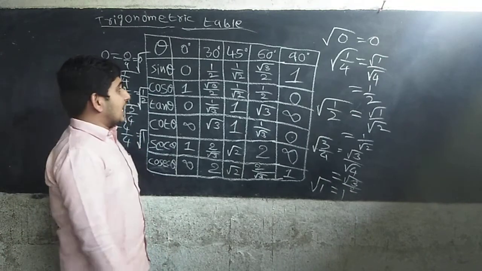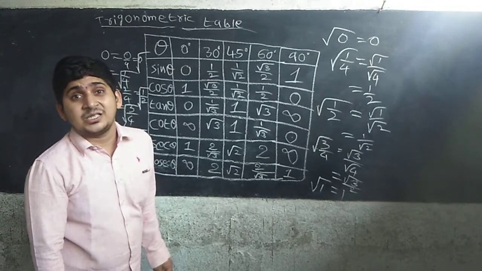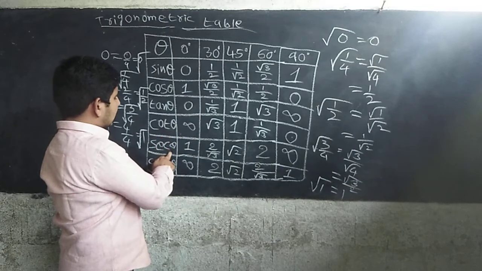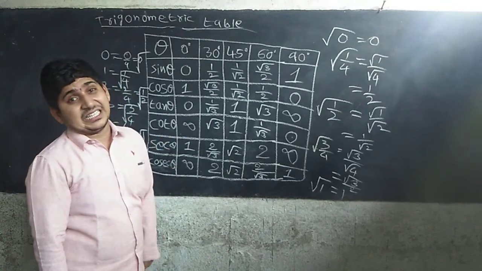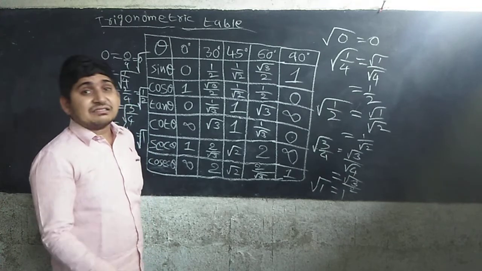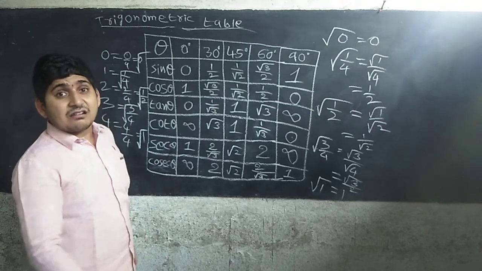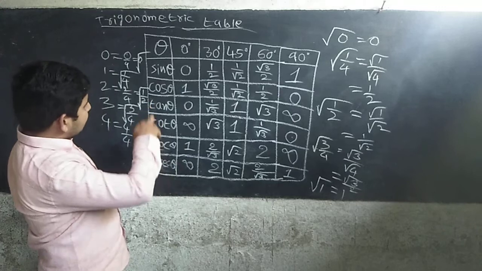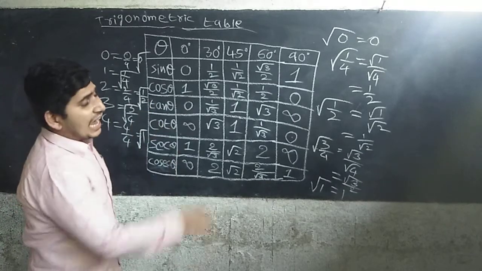Why? Because sin theta and cos theta are actual trigonometric ratios, and tan theta, cot theta, sec theta and cosec theta are known as derived trigonometric ratios. We discussed all that in a previous class. So according to that concept, we can find out all the trigonometric ratio values of all specific angles.